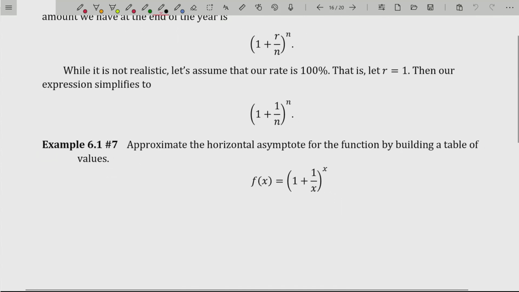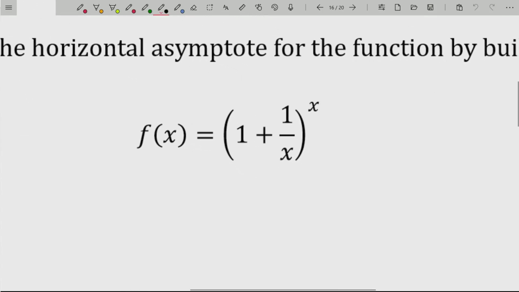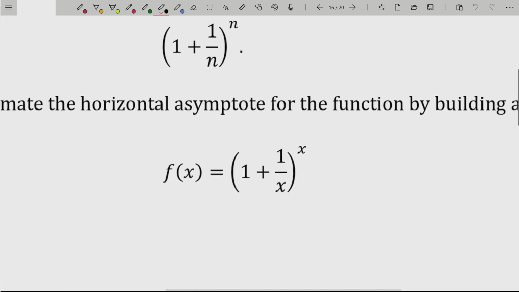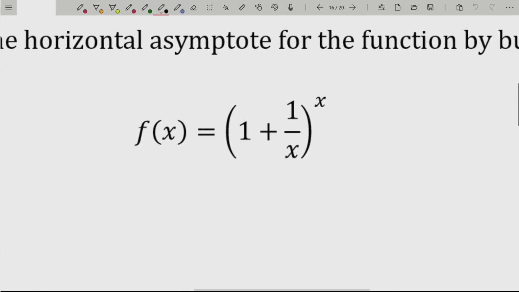Let's go ahead and approximate the horizontal asymptote for that function by building a table of values. And to do this, we're going to use Desmos because I don't want to sit here all day and do this. Notice that I've changed the arguments from n to x's. That's just traditional, because n's are typically natural numbers, 1, 2, 3, 4, and functions are not discrete. They are continuous.